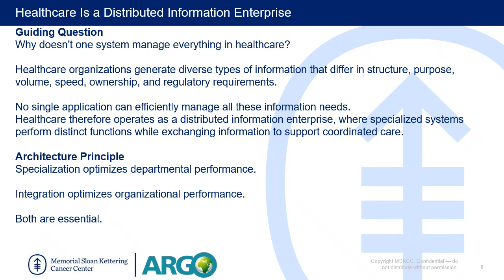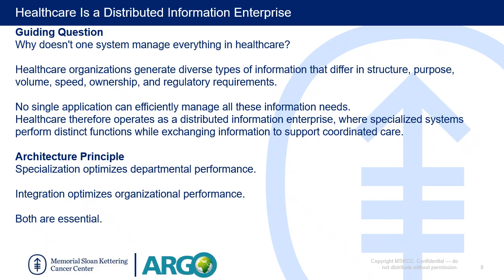And that's because, like I said, healthcare organizations generate a diverse, not just the sheer quantity, but the diversity of the types of information is huge, right? They differ in structure, purpose, speed, and regulatory requirements.